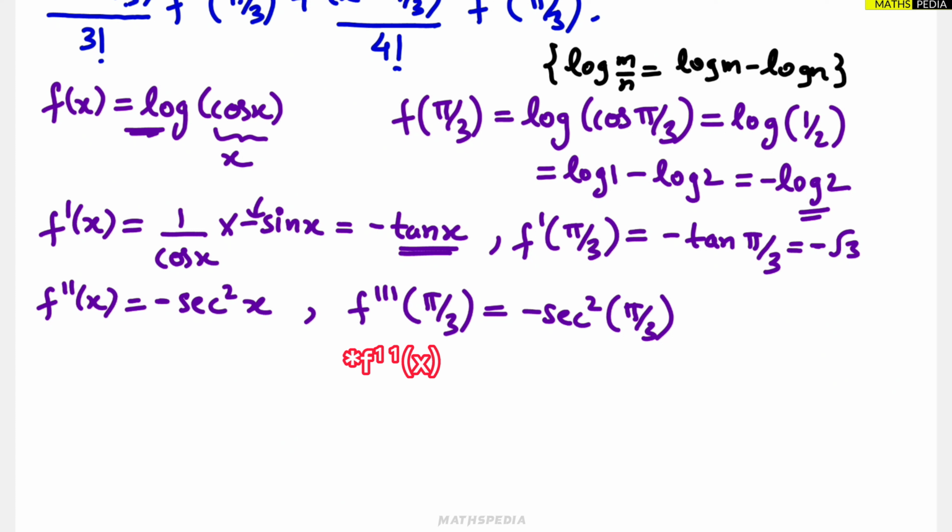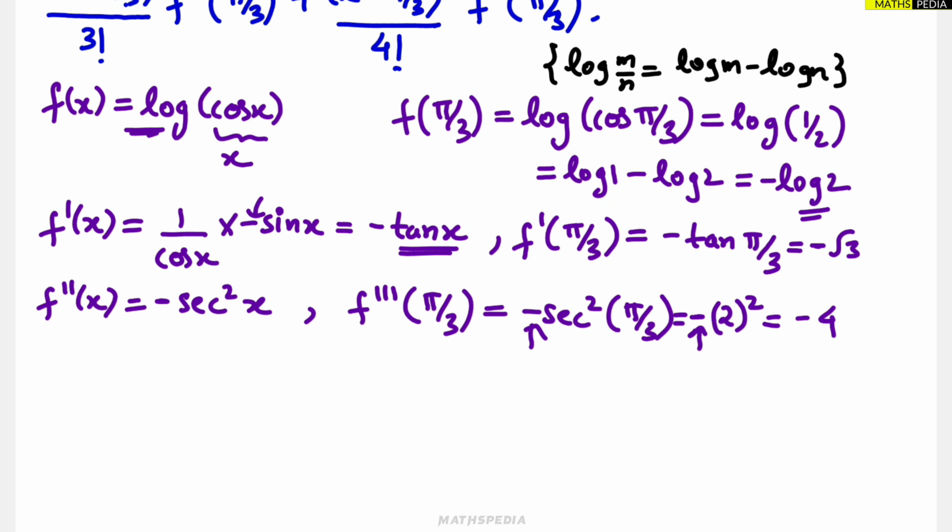Secant 60 is 2. So minus is sitting outside, 2 is then squared. Right? So the answer will be minus 4. See, there is a difference between minus 2 the whole square and minus 2 square. Here minus is sitting outside, so I have to keep it outside. Then I have applied secant 60 formula, which is 2, and taking the square of that. That's why it is minus 2 square. So it is nothing but minus 4.